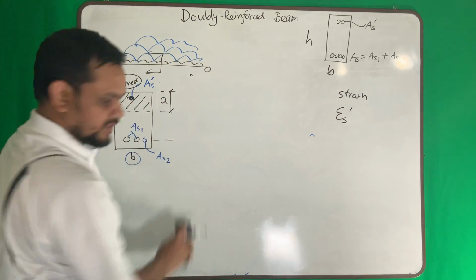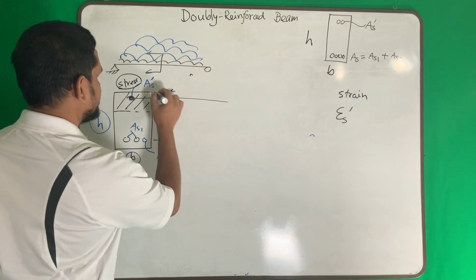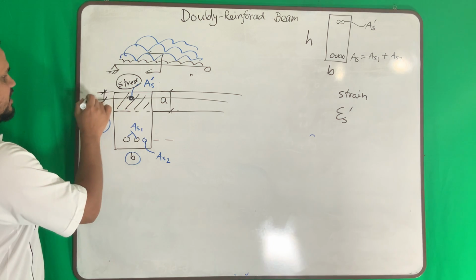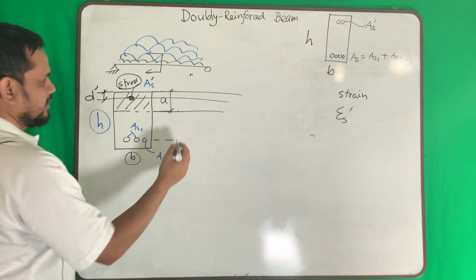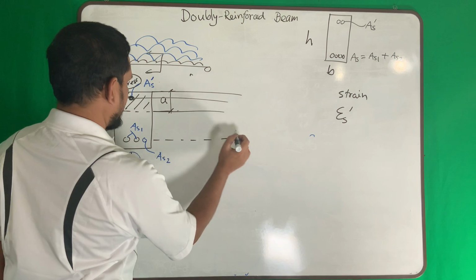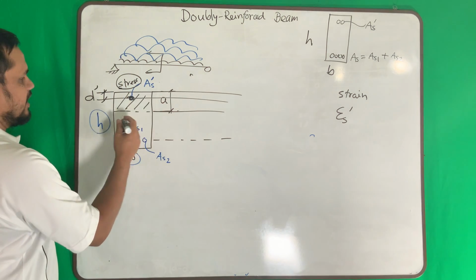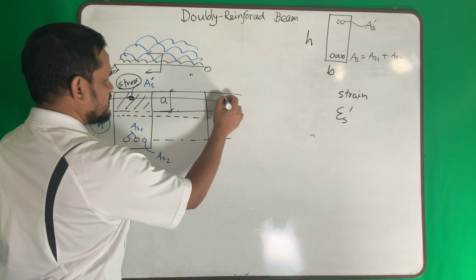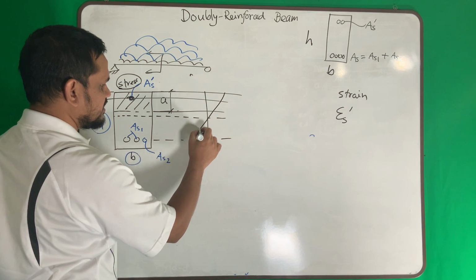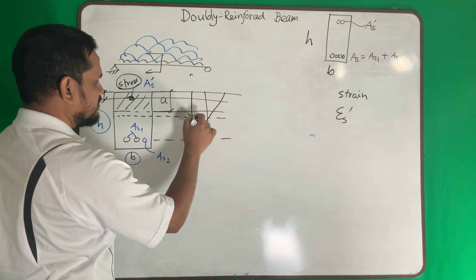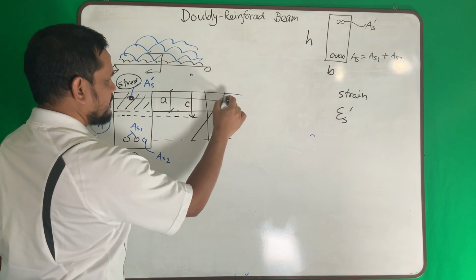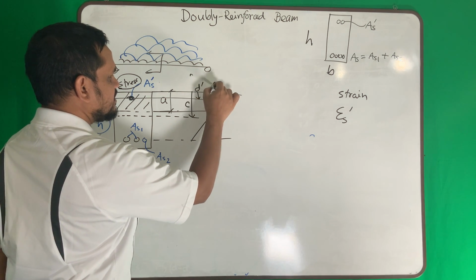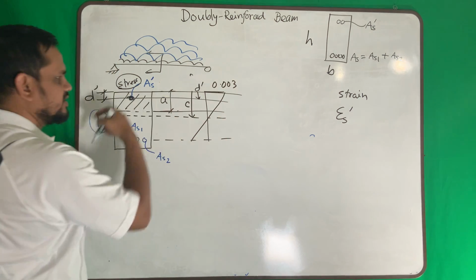say here, if we draw the strain diagram, by the way, this distance we call D prime. And this is A, and this should be C. So if I draw the strain diagram like this, this portion will be C, and this portion is D prime, and the strain here is 0.003 because it is concrete.